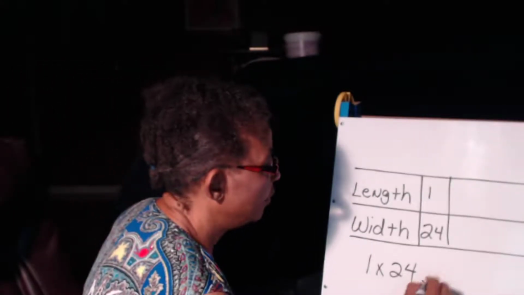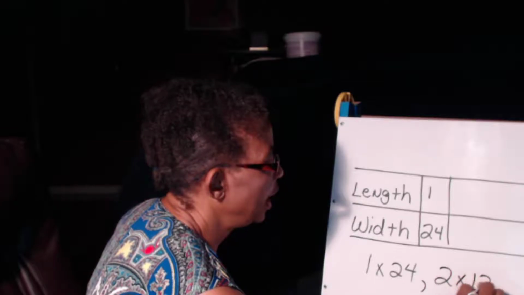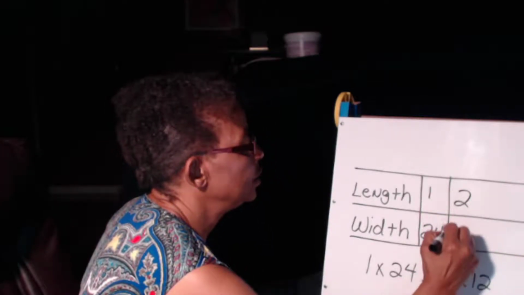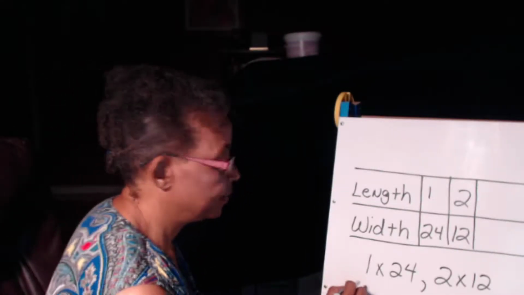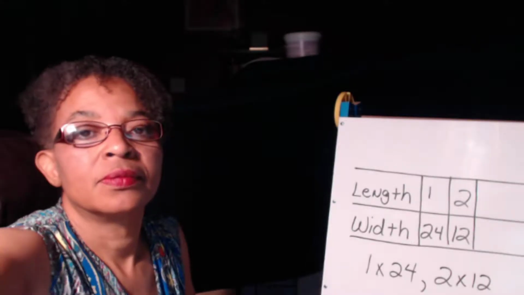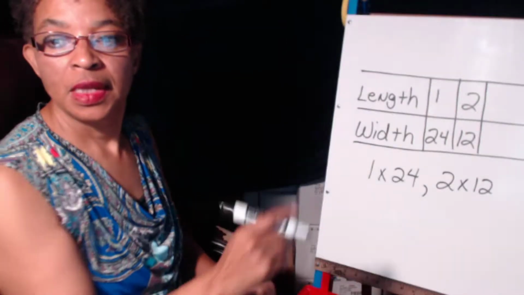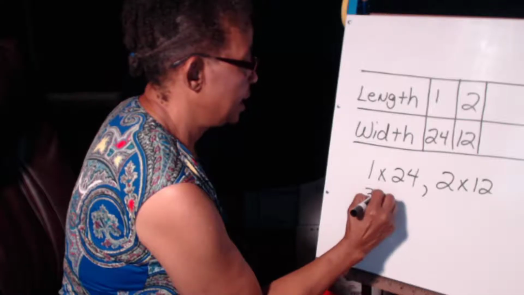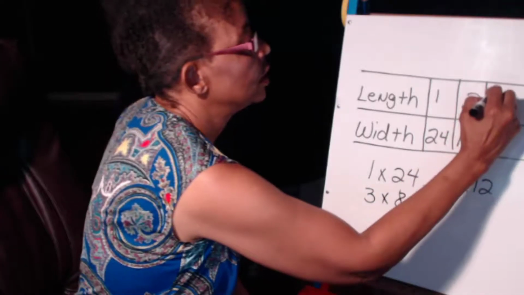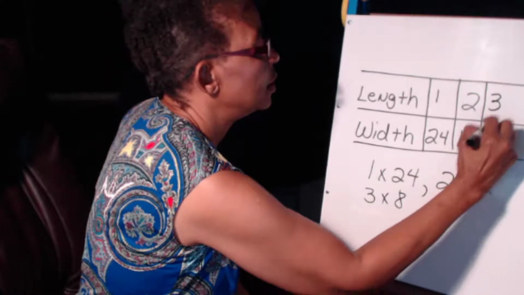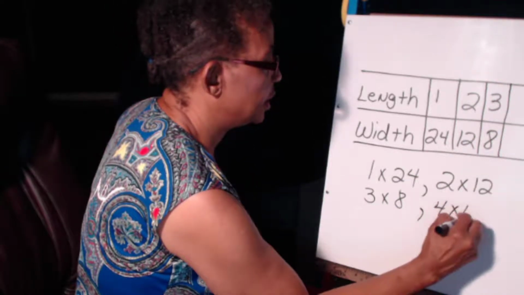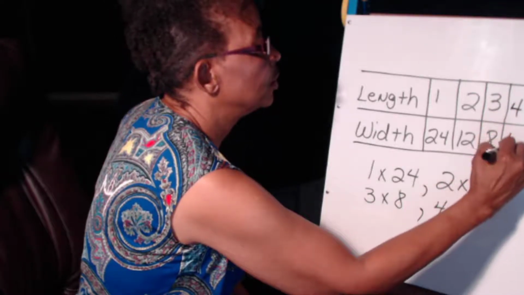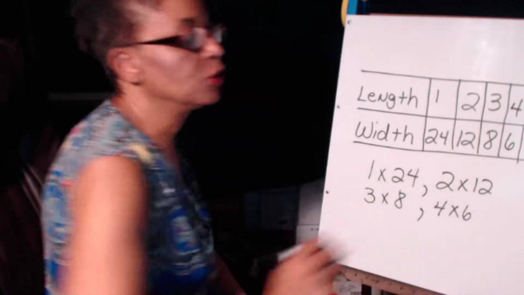Then we have 2 times 12. So the length is 2. The width is 12. Then we have 3 times 8, which is 24. Then we have 4 times 6. That's the last set of multiples for 24.